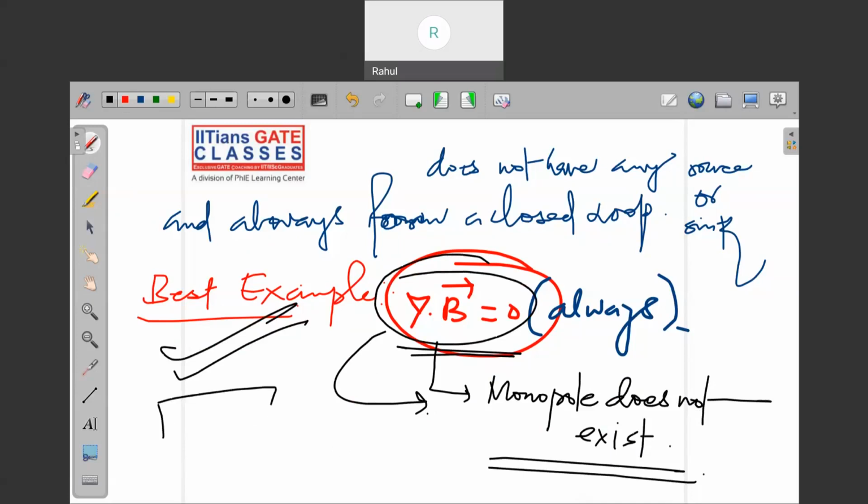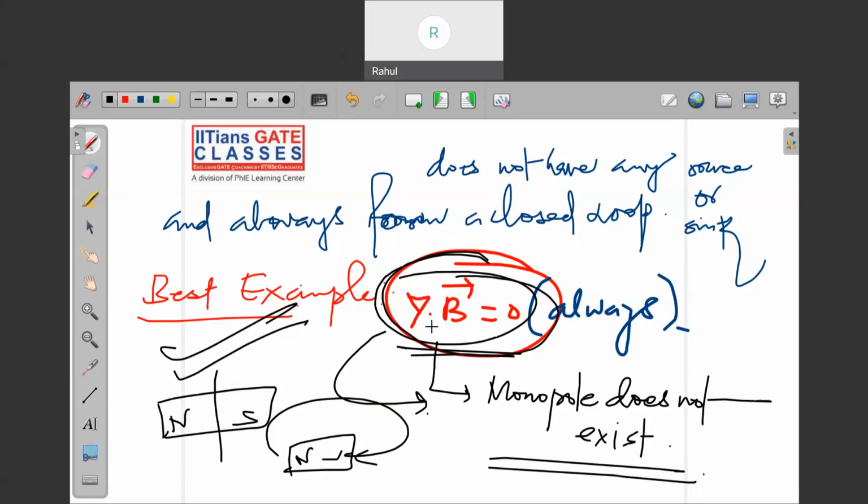So if suppose this is a north and this is south, and if you cut it, again you will get north and south. So your magnetic flux lines will always be forming a closed path. So keep in mind that the divergence of B, magnetic flux density, or sometimes it is also regarded as magnetic field, is equal to 0 always, okay?